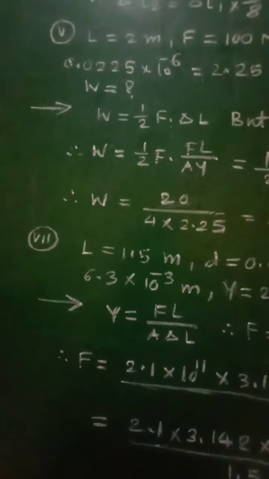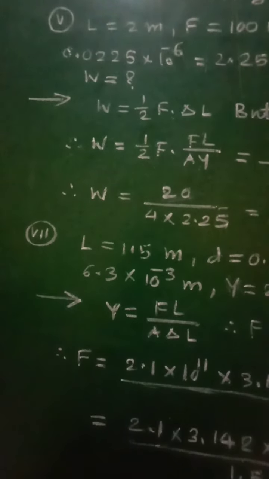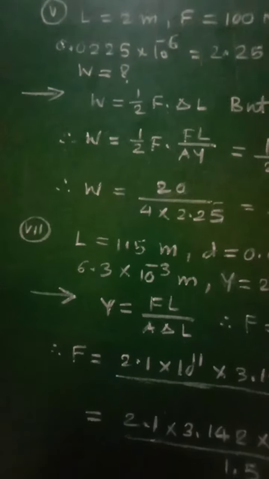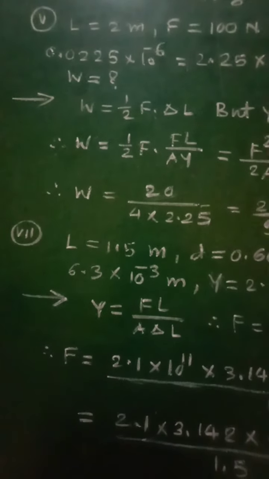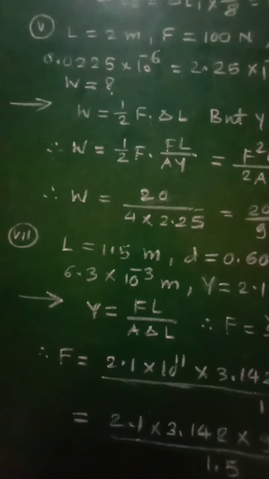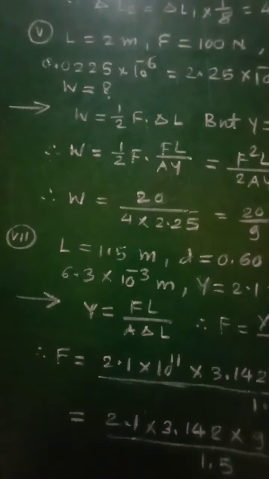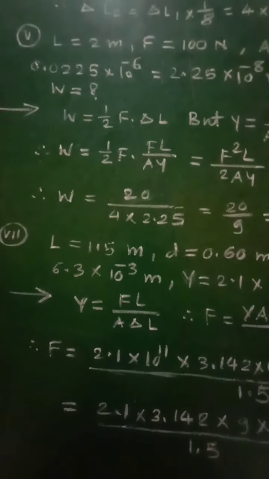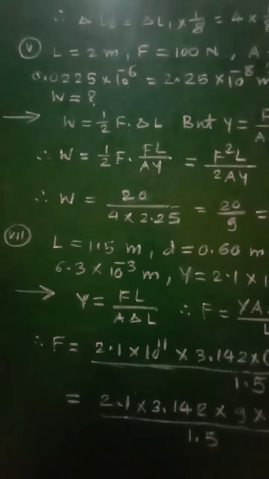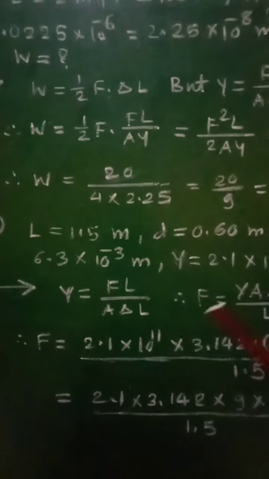Extension of the wire is 6.3 mm when a certain force is applied to it. If Young's modulus of mild steel is 2.1 into 10 raised to 11 Newton per meter square, then calculate the force applied. And therefore, in order to calculate that force applied, let us see first of all the given data.